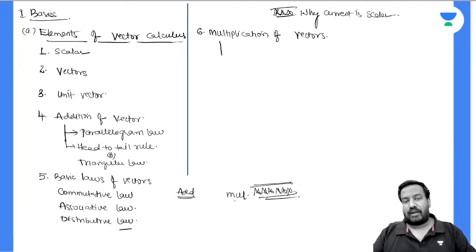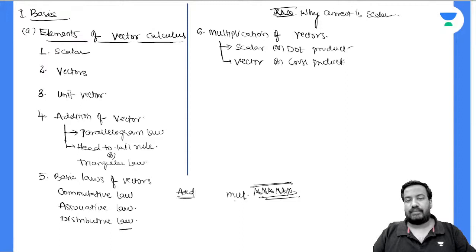Under multiplication of vectors, you went for the scalar product, dot product or scalar product, and the vector product or cross product. We have seen these two things, dot product and cross product, under multiplication of vectors.